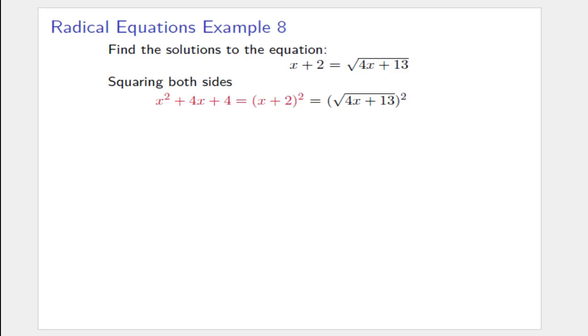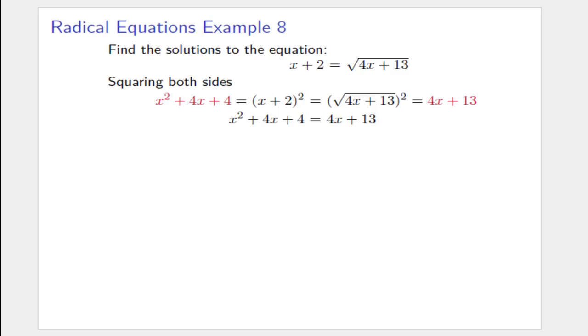If you'd like to see the steps of this polynomial being squared out, you can click the purple link above. On the right-hand side, we have the square root of 4x plus 13 squared. But the squaring will undo the square root, so we're left with 4x plus 13. So we have the equation x squared plus 4x plus 4 equals 4x plus 13.